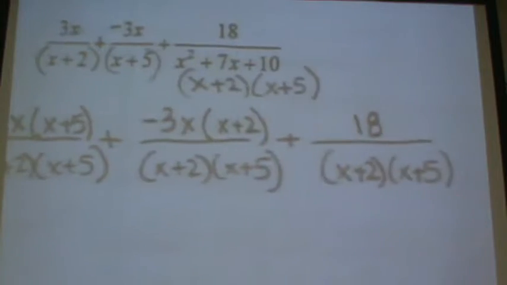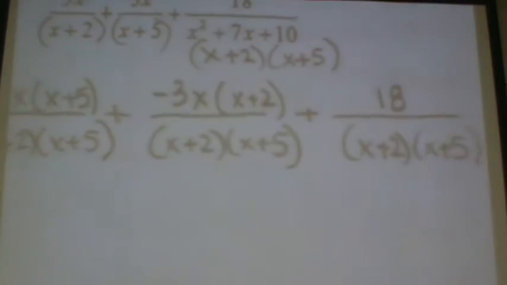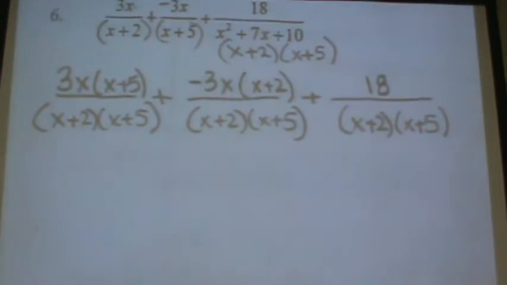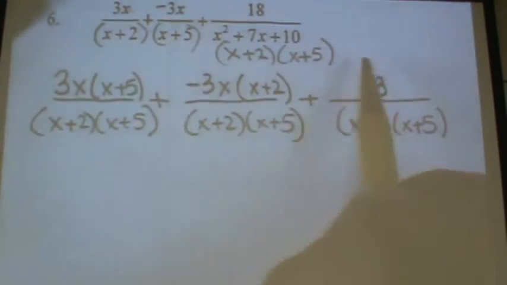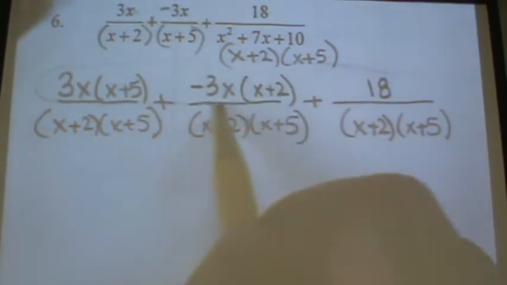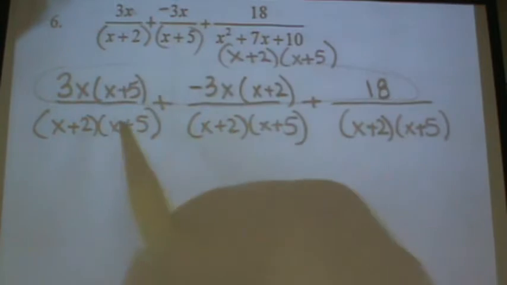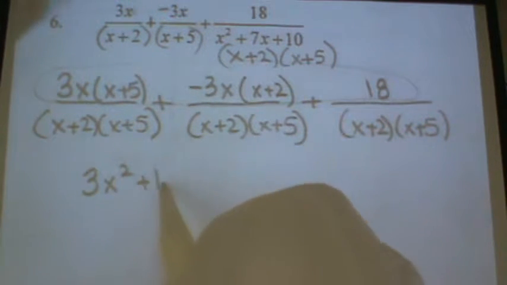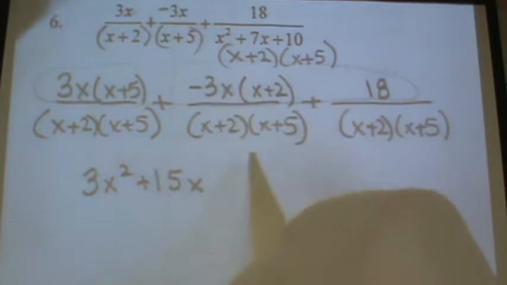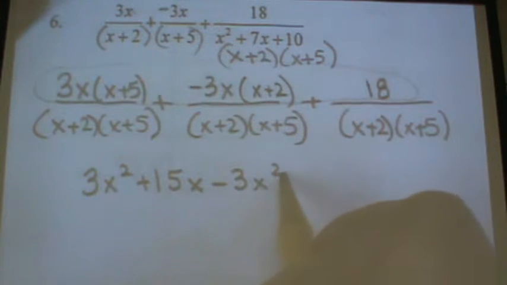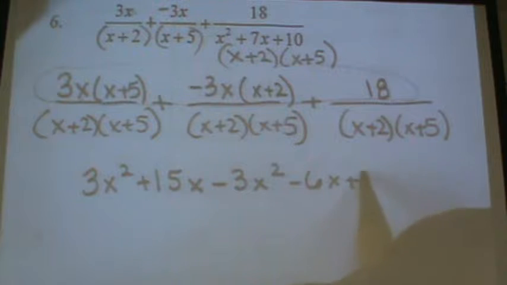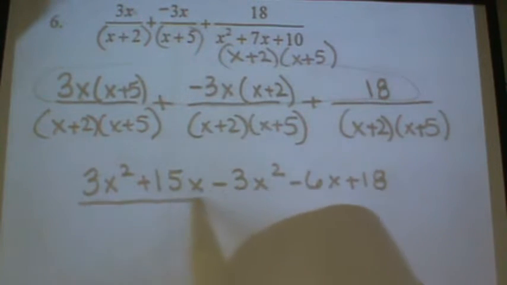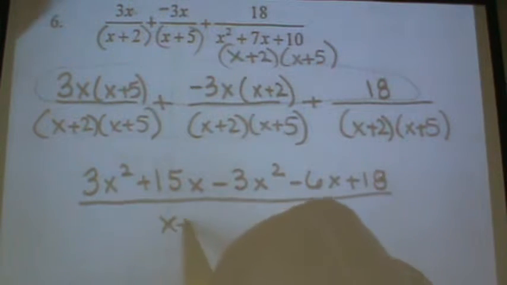Yep. Okay, what do you do next? Distribute. You want to combine all this to be one numerator. So what do you have here? 3x squared plus 15x minus 3x squared minus 6x plus 18, all over x plus 2, x plus 5.